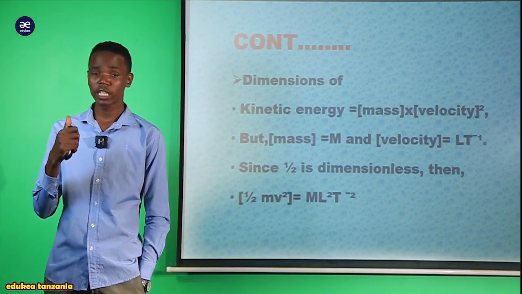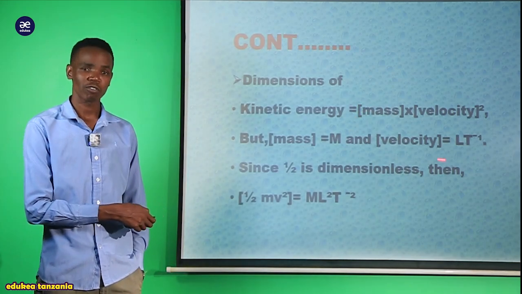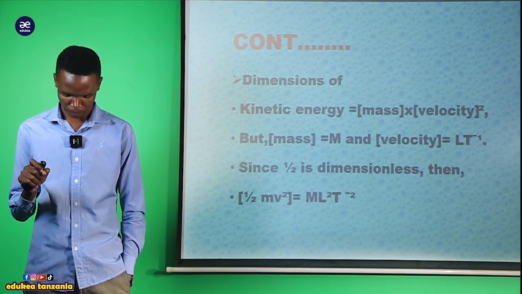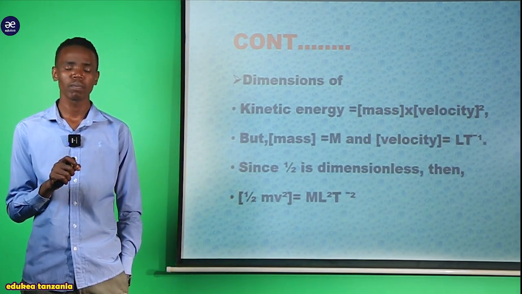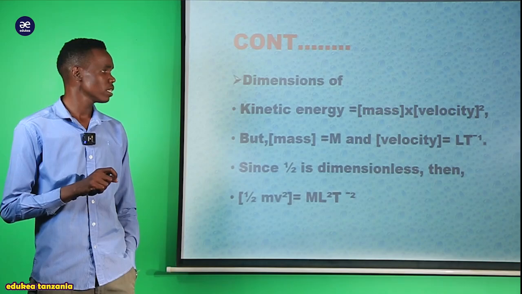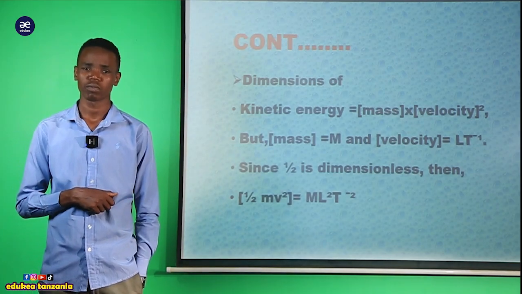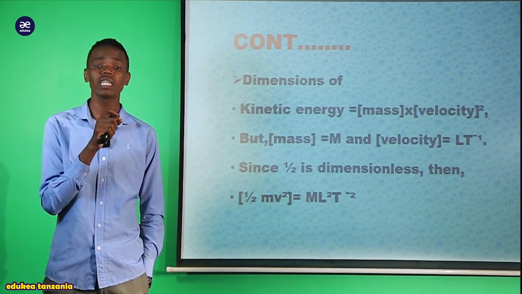The dimension of velocity ni ngapi? Lazima tuweze kutafuta. Also on your formula tulikuwa na half, because this half is dimensionless. And if it is dimensionless, dimension ya half itakuwa ni constant.